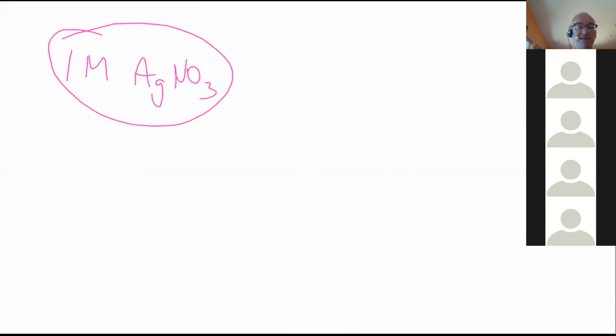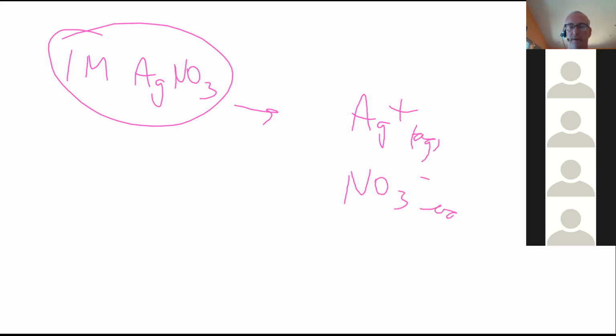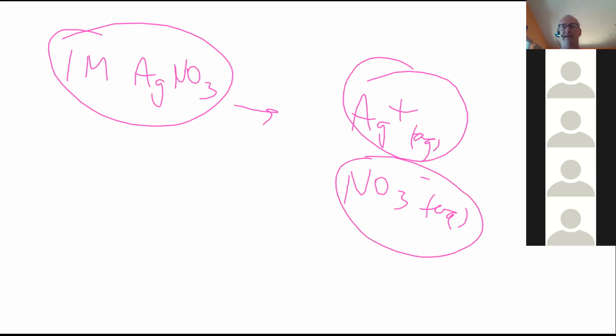What that means is that in that solution, I'm going to have silver ions and nitrate ions. And they're both aqueous, right? They're both in solution, so they're not interacting with each other anymore. It just means that silver's floating around by itself and nitrate's floating around by itself. So that's what 1 molar silver nitrate means.